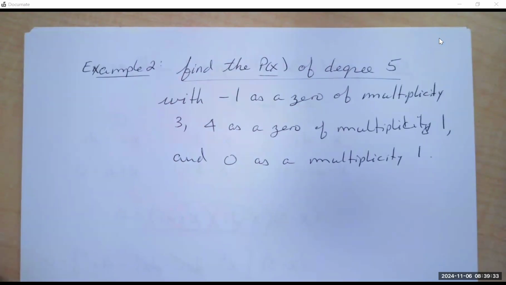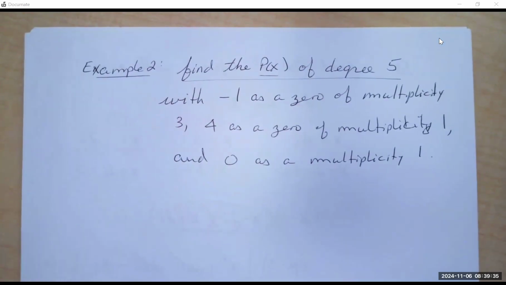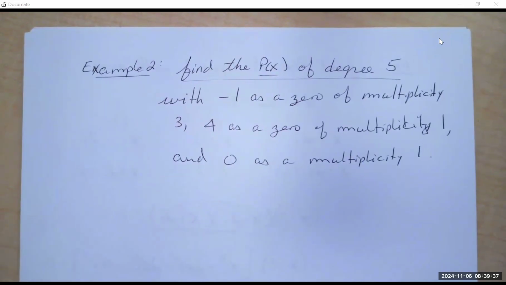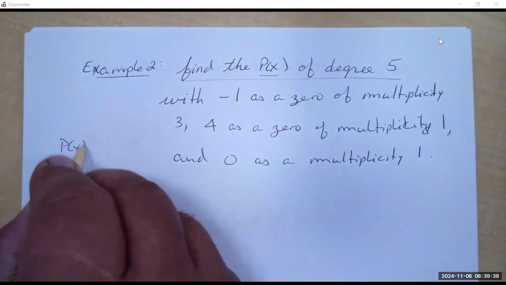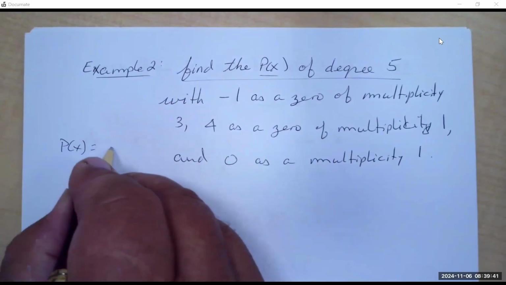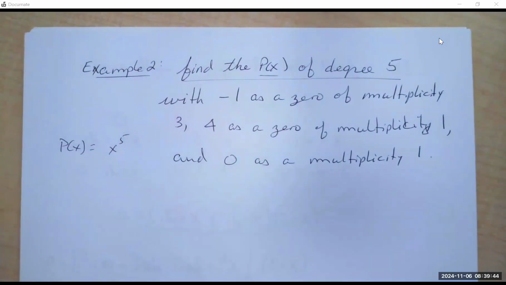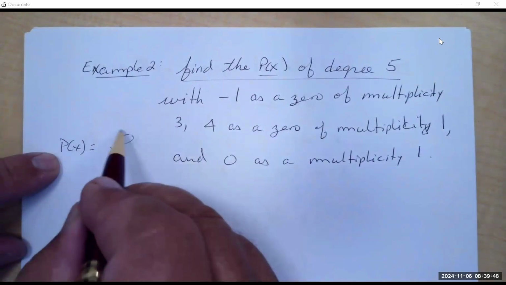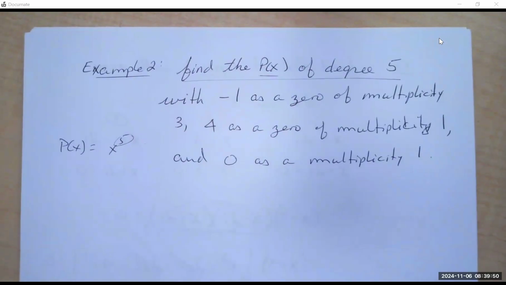There are 5 answers, 5 x-intercepts. So the highest power we're going to have is 5. Right. So our polynomial, once we finish, will have x to the 5th, x to the 4th, x or whatever. And there are 5 solutions. Do we have 5 solutions? Not yet. Yes, we do.